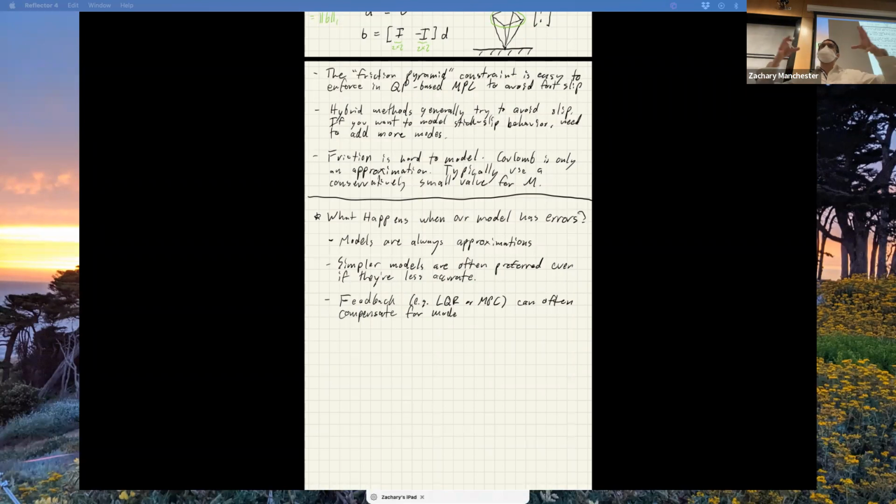The model error gets bigger the farther you are from the fixed point, but the controller is pushing you back, so it's always keeping you in a region where the model's good. These feedback policies can mop up a lot of the error. You can think of the error as a disturbance: whatever the delta is between your simple model and the real system is like a force on the right-hand side of your model, and the controller compensates for that.